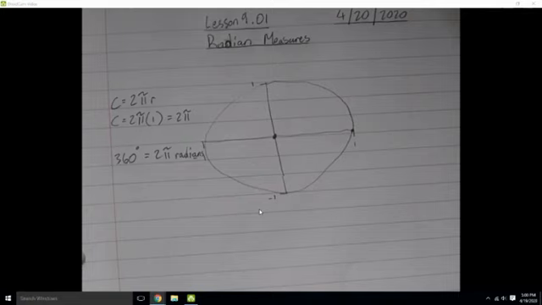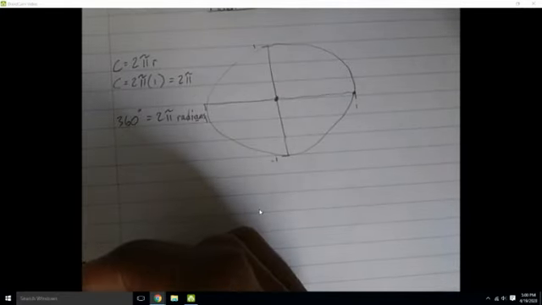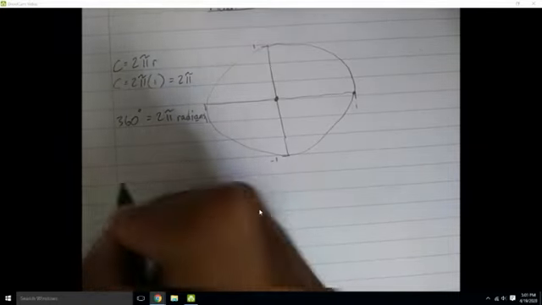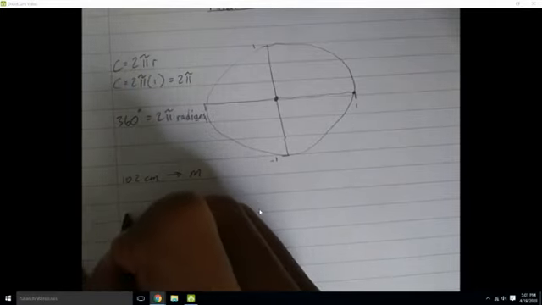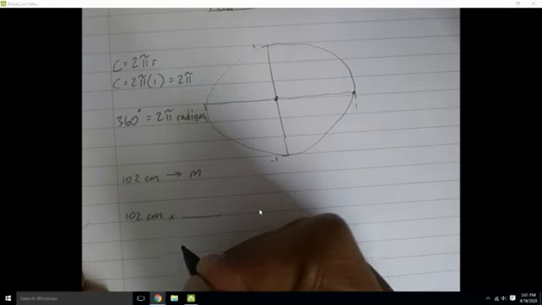So take, for instance, if we wanted to go from centimeters to meters, if we have 102 centimeters and we were trying to change that to meters, we would say our conversion factor would go 102 centimeters times a line, and would use our conversion factor, which we know to be in 1 meter, there's 100 centimeters.